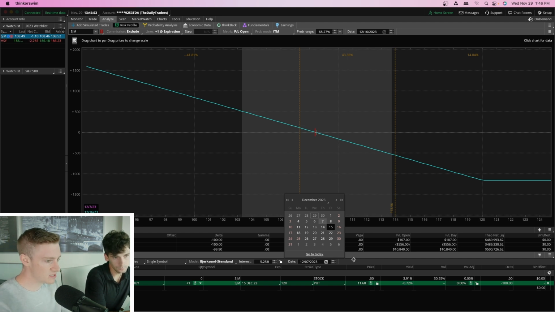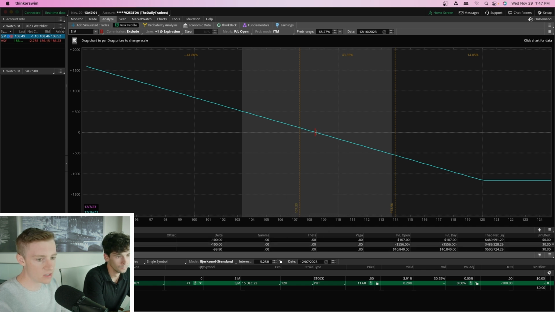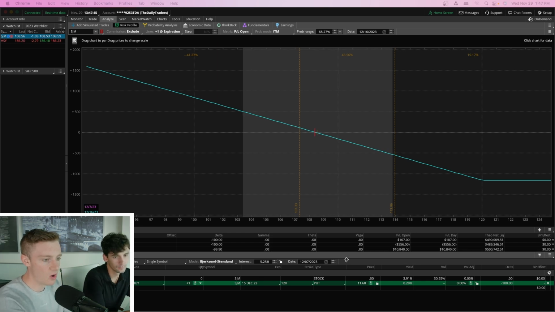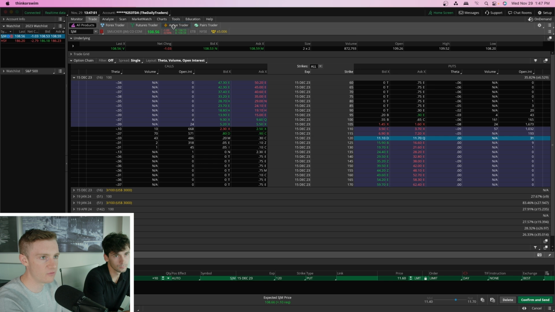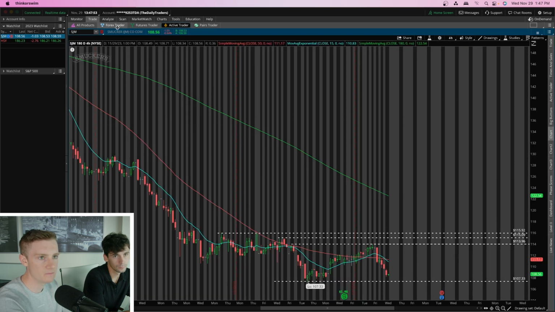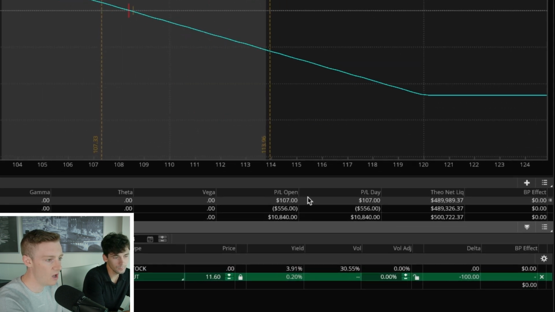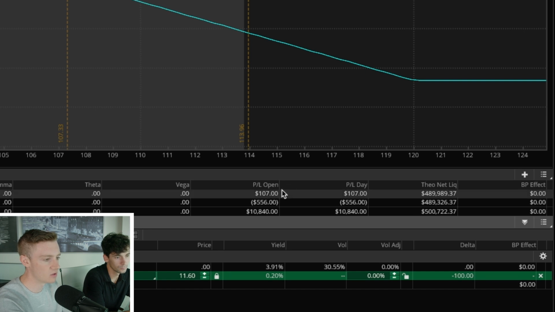So essentially what this tool does down here, when we choose the date, that means the math is going to be reflected under P&L open based off of whether we hit your take profit or your stop loss on that day, December 7th. Now we can see if on December 7th we hit our take profit at 107.33, if we go back to active trader, 107.33, we will be up $107.